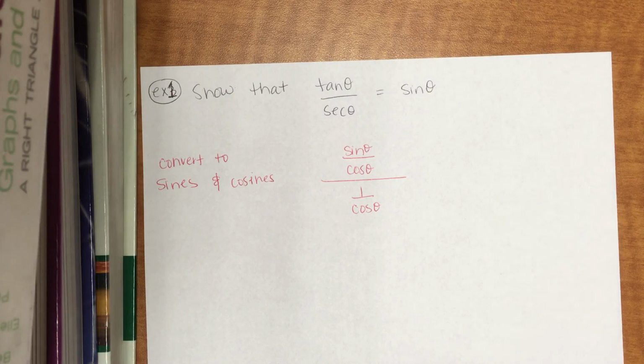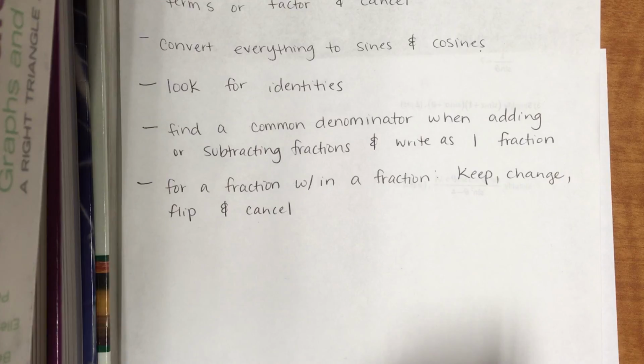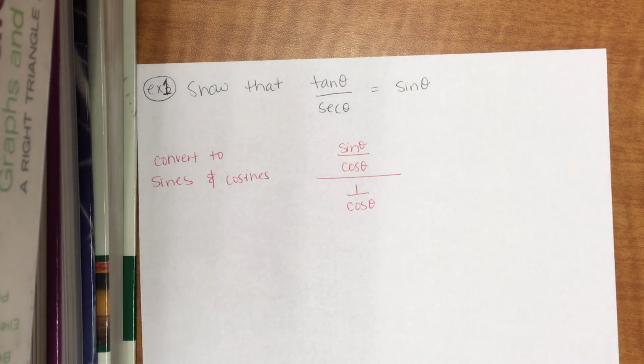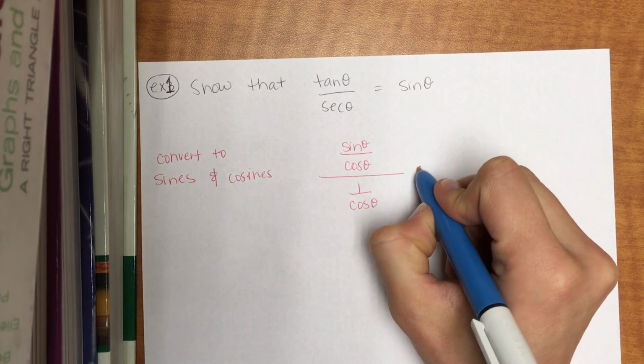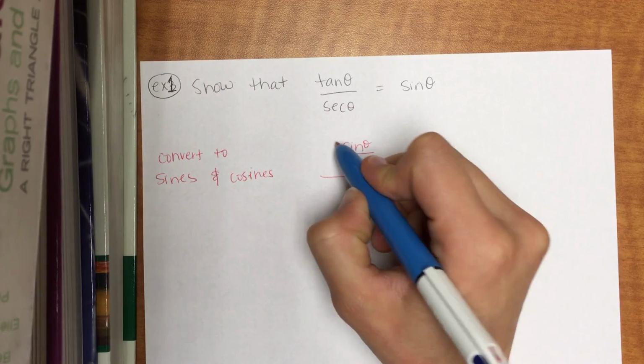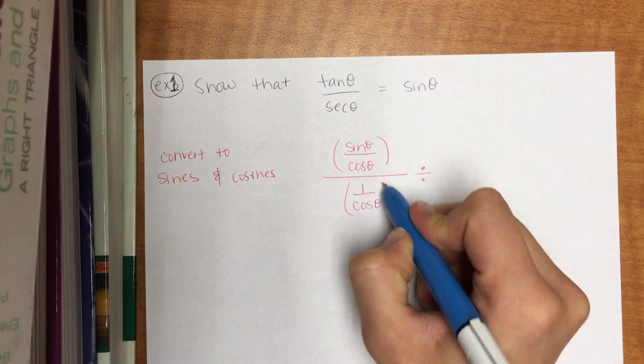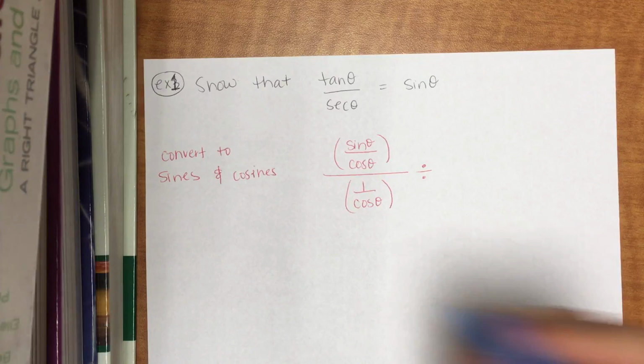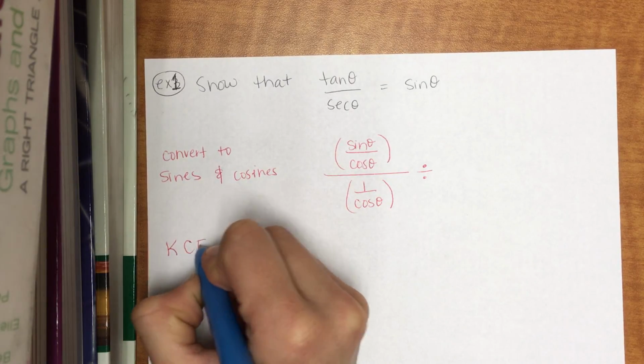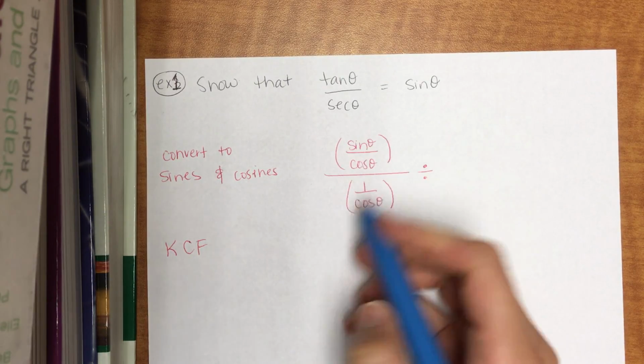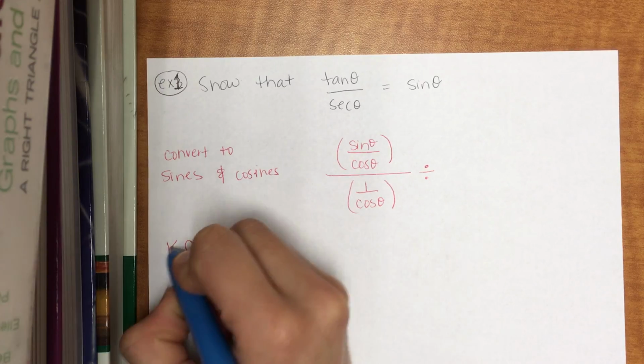So our hint says keep, change, flip, and cancel. So what I mean is your original fraction bar is going to now be your division, and so you have this top fraction divided by this bottom fraction, and you can keep, change, flip. So keep your top fraction the same. Well, first let's see.